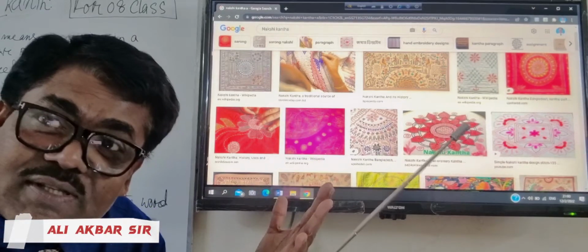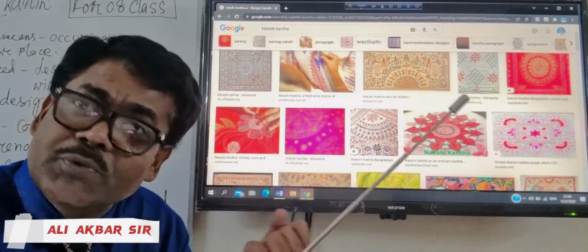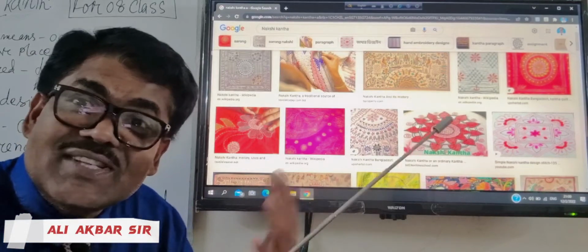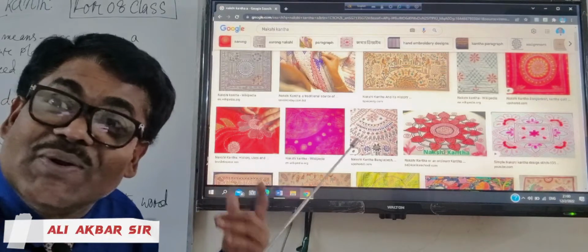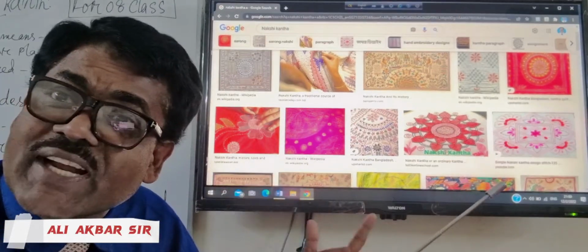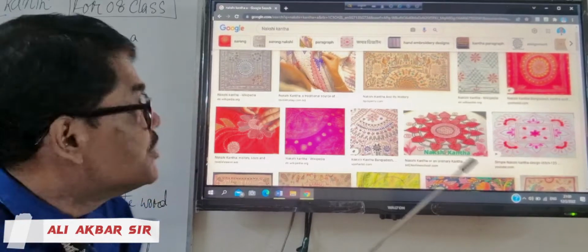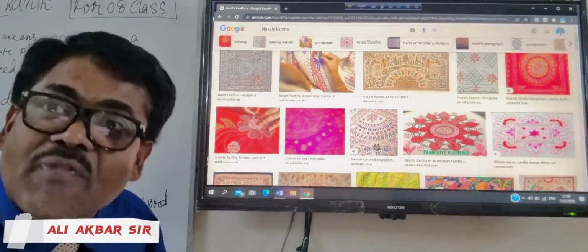Do you use them? Most of you will say, yes sir, I use this, and this is called Nakshi kantha. So our today's lesson is Nakshi kantha.